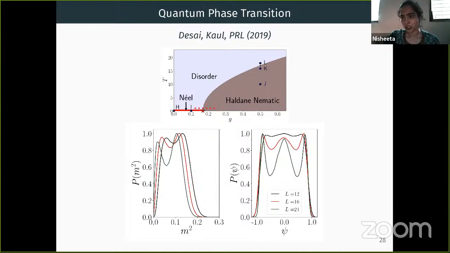The other transition we study is the transition between the Néel and the Haldane nematic phases. We see from the histograms that we have two peaks at the transition, one at disorder and one at finite order parameter. These double peaked histograms get sharper and sharper as we increase the system size. This is evidence for a first order transition.